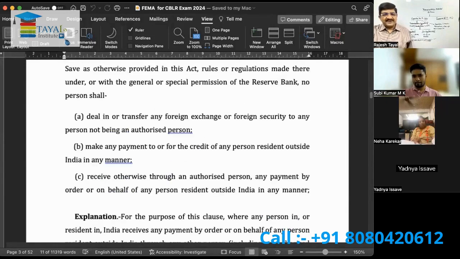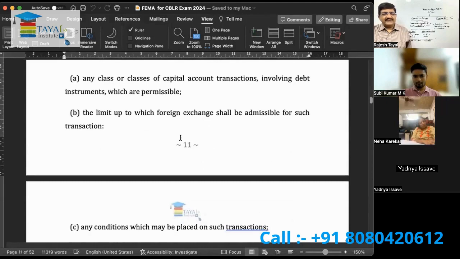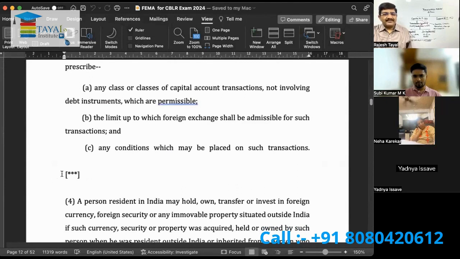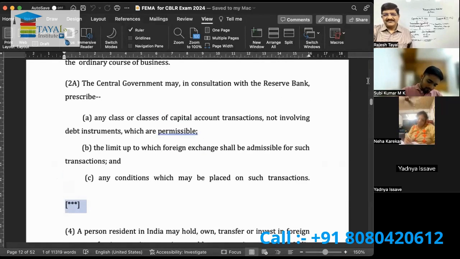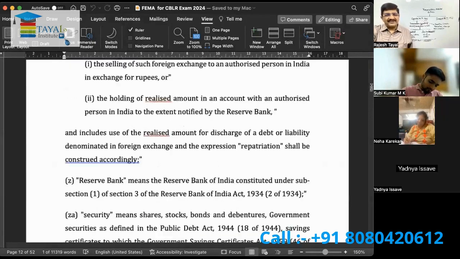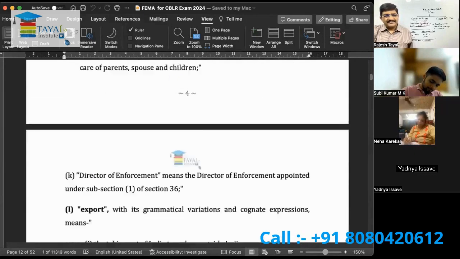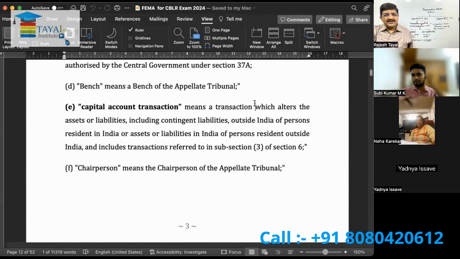I'm taking you to section 6, and in section 6 we have subsection 3, which is omitted. That's why it has become irrelevant. Earlier there was a list of transactions, but as of now it is not there. Is it clear to everyone? That is the capital account transaction definition.